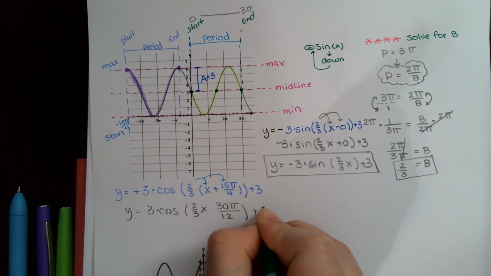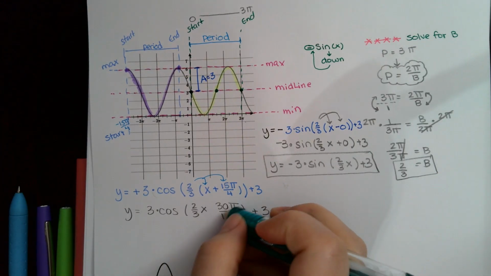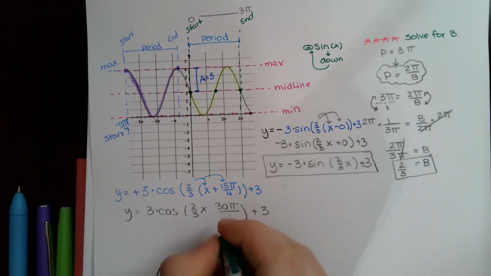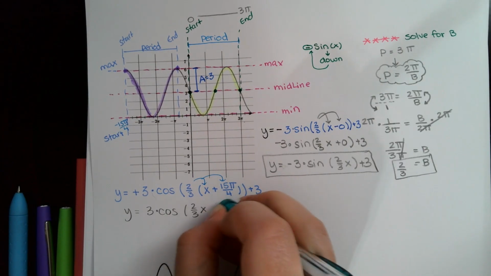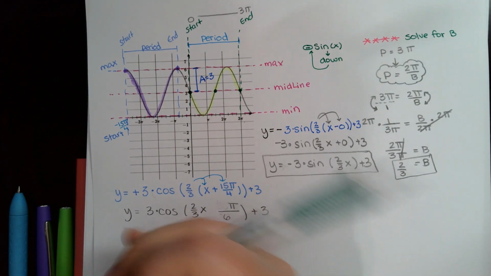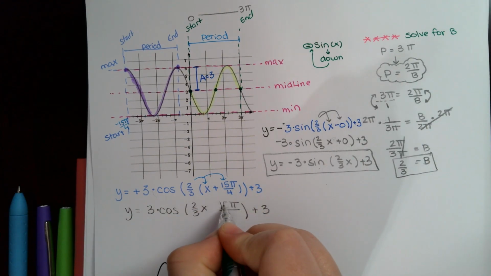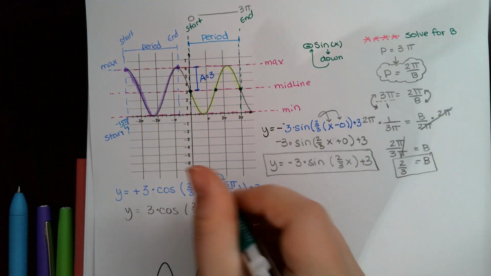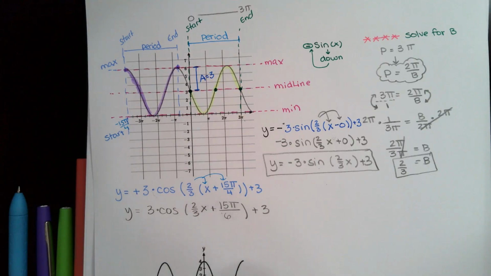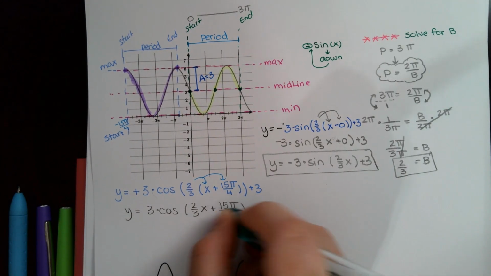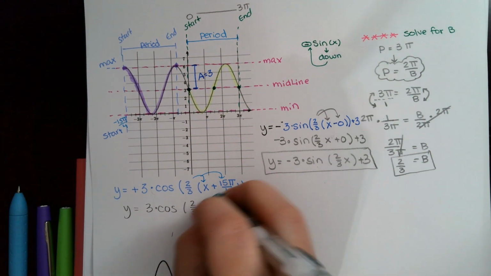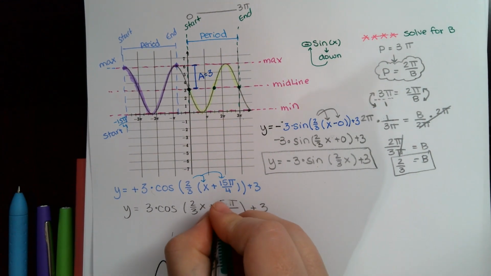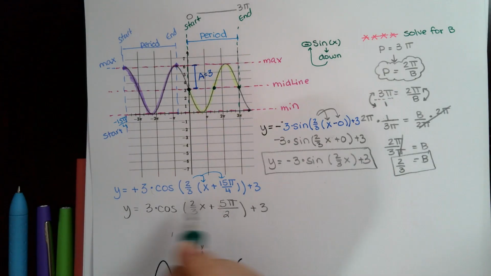Yes, we do need to simplify that. 2 goes into 12 6 times. 2 goes into 30 15 times. So we get 15 pi over 6 positive. Actually, we can simplify that more. What am I doing? So 3 goes into 6 twice, and 3 goes into 15 5 times. 5 pi halves. There you go. That's better.